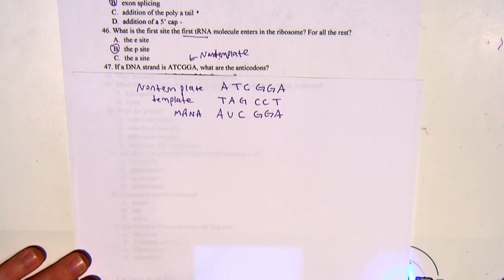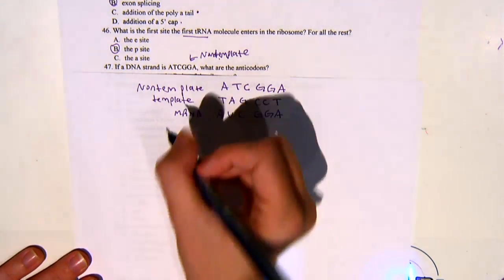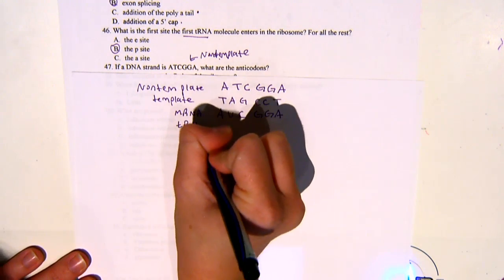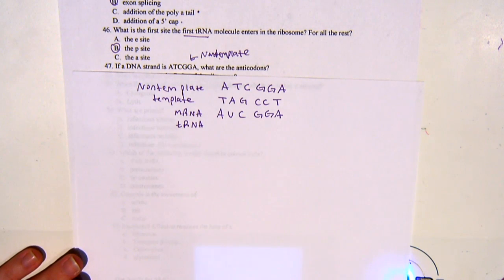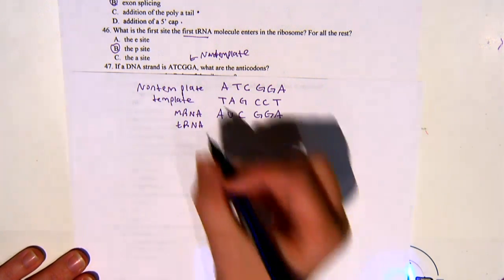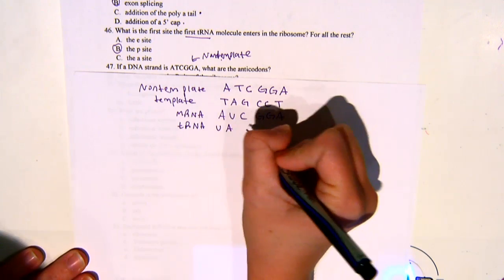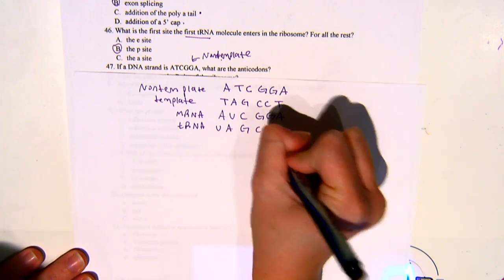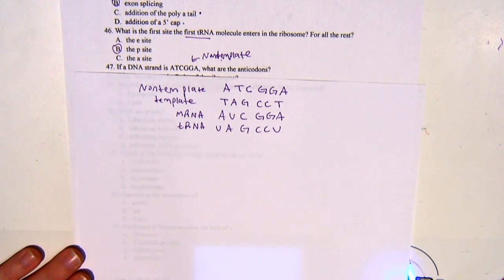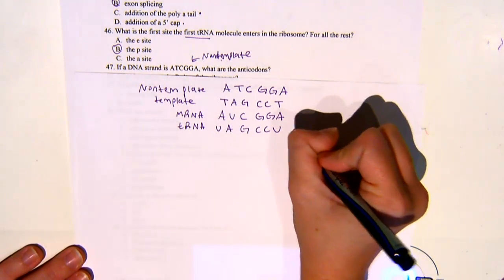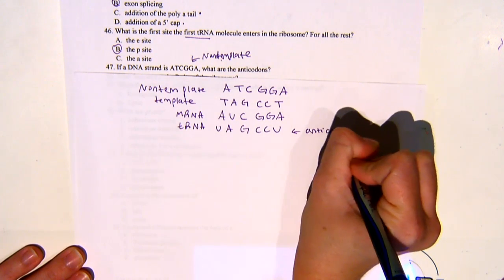Now that we have our mRNA, we can do our last step and find our tRNA. Since the tRNA is the anticodons and the mRNA is the codons, they are going to be complementary. So it'll be UAG CCU. These will be our anticodons.